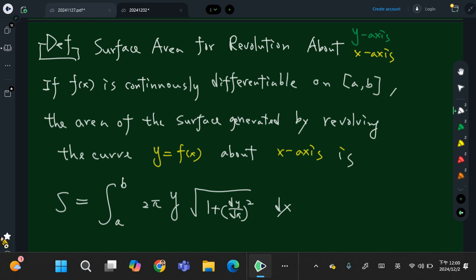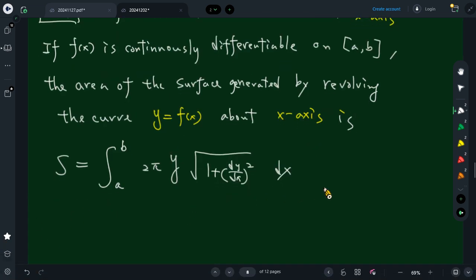Some symbols you need to notice: since this is revolving about the x-axis as the axis of revolution, here will be y, and here will be dy over dx, right?